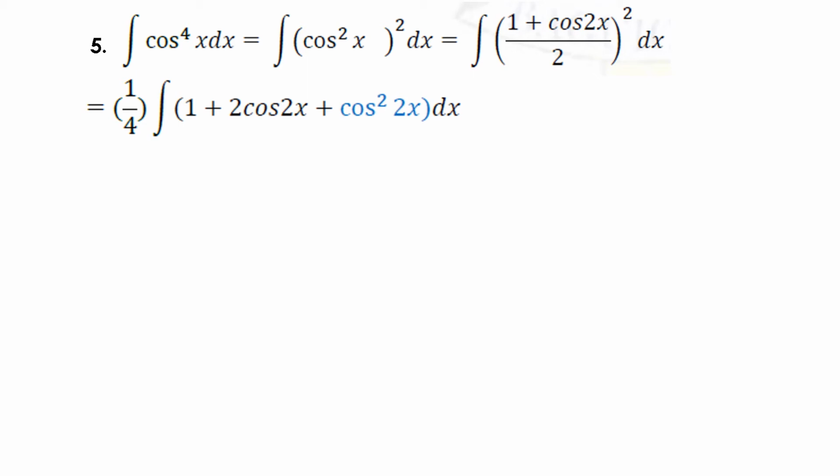The numerator, which is 1 plus cosine 2x, and the whole quantity is squared, if we expand that, it becomes 1 plus 2 cosine 2x plus cosine squared 2x dx.